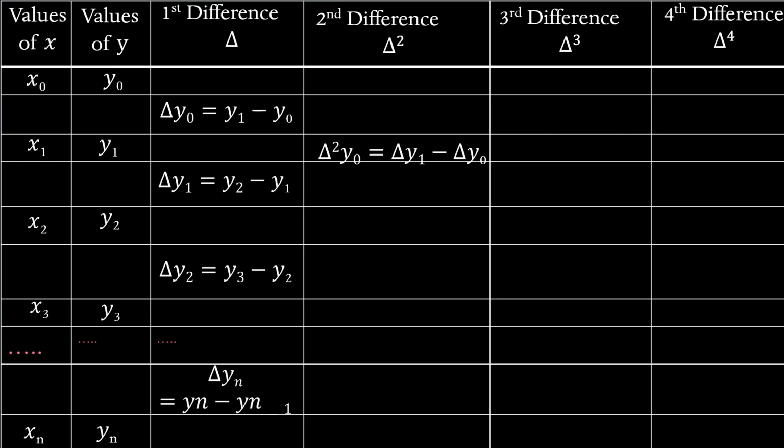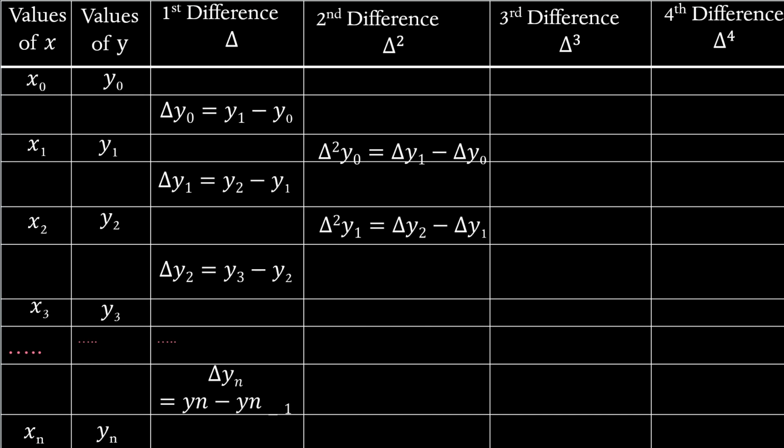So we have written the delta square y0 value in the middle of the delta y1 and delta y0 rows in the next column. Delta y1 and delta y0 are present in the first column, whereas delta square y0 is present in the next column. In that column, in between the rows of delta y1 and delta y0, we need to write delta square y0.